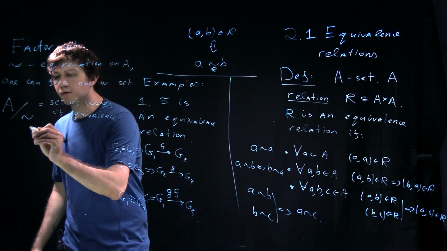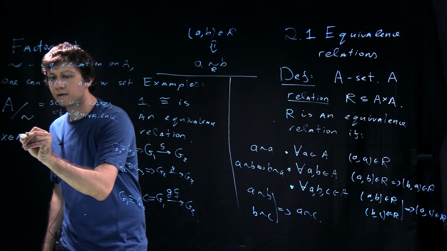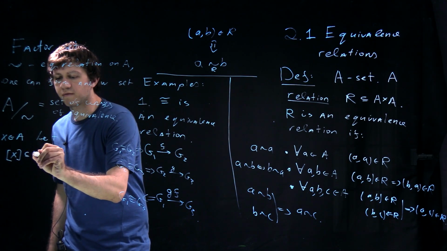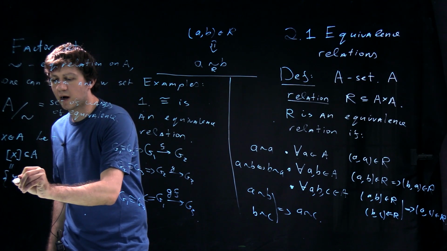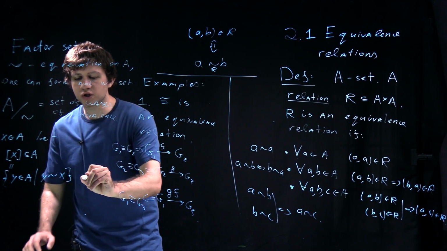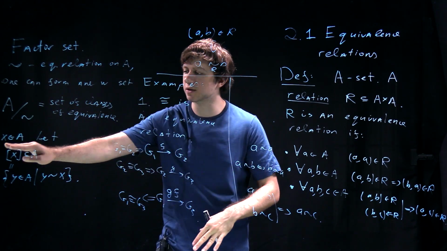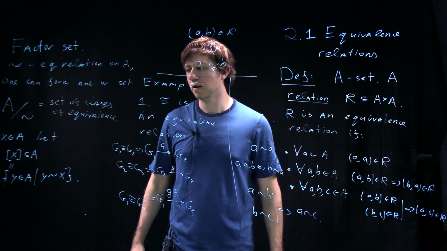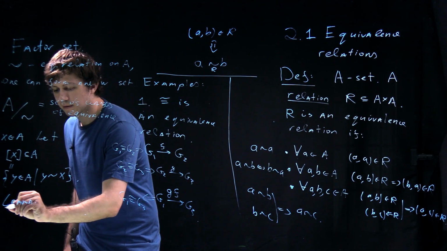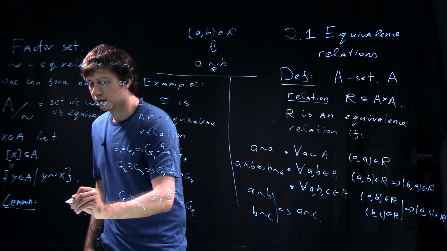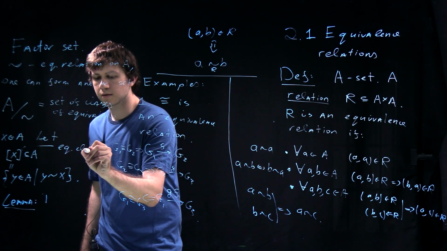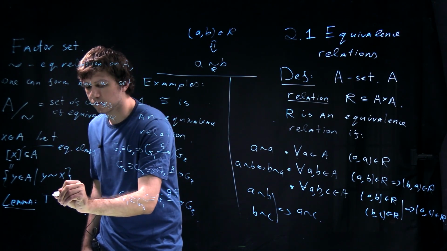For X in A, let the bracket X be a subset of A, consisting of elements Y in A such that Y is equivalent to X. So you just look at all elements which are equivalent to X and you put this bracket for the subset. This thing is called an equivalence class.